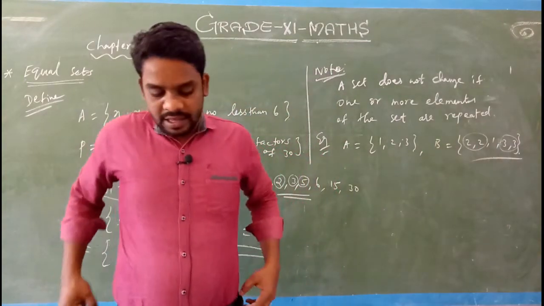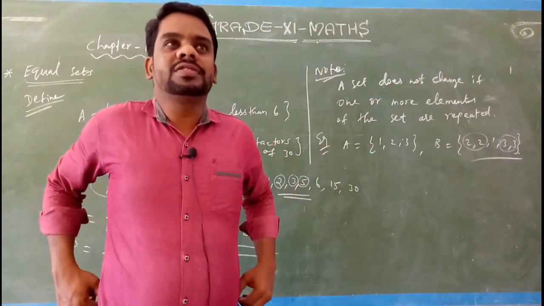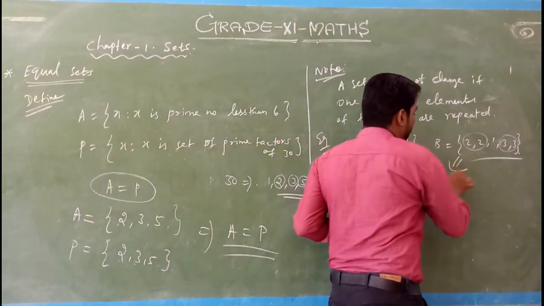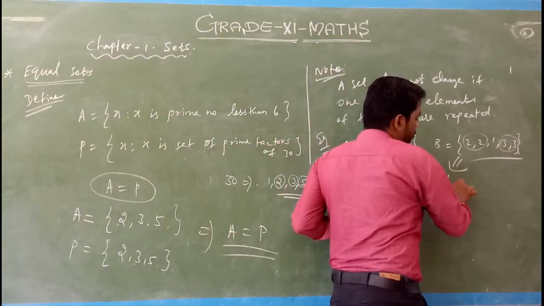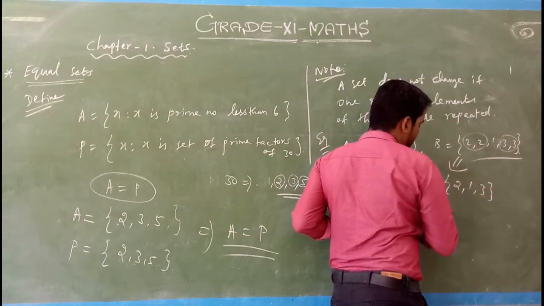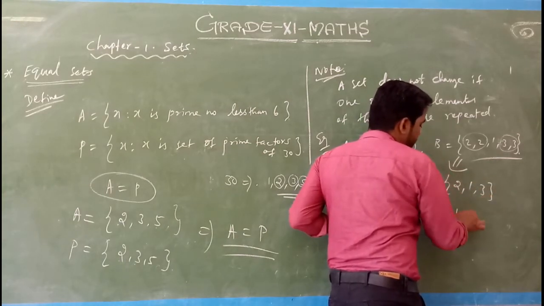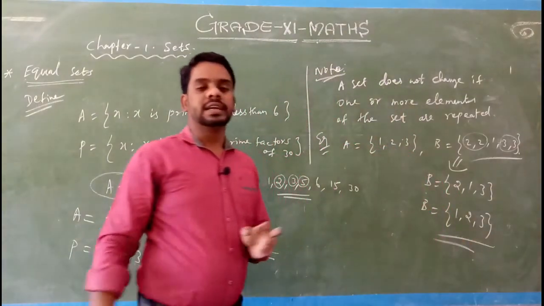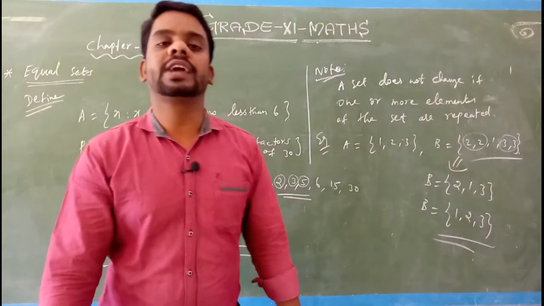Generally the members of a set are not repeated. So B is equal to {2, 1, 3} or {1, 2, 3}. So these two sets A and B are equal sets.